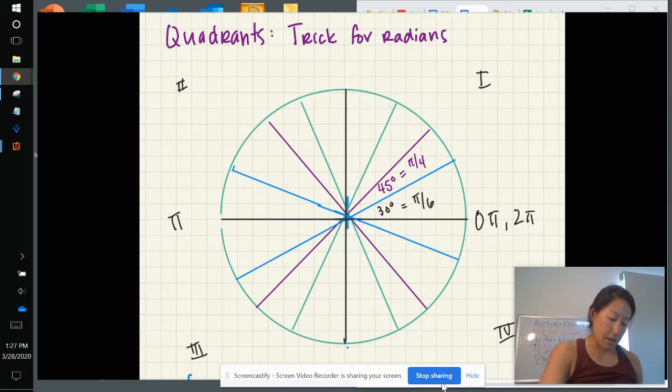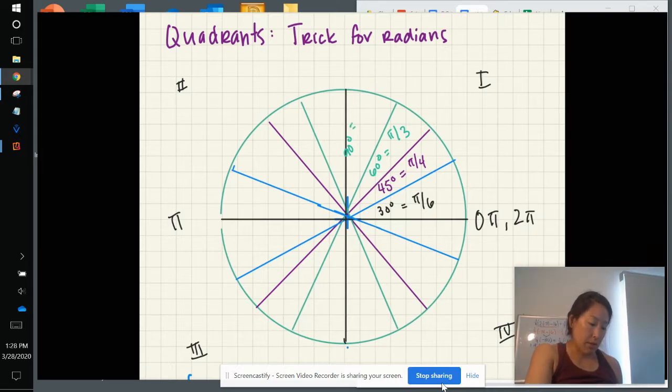Okay, the green terminal side is 60 degrees. And there are only 3 60 degrees in 180. So this is pi over 3. Going from the x-axis to the y-axis, we know that is 90 degrees. And how many 90s are in 180? Well, there's only 2, so it's pi over 2.